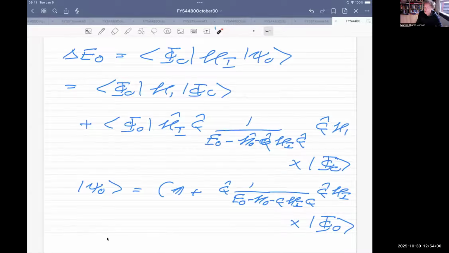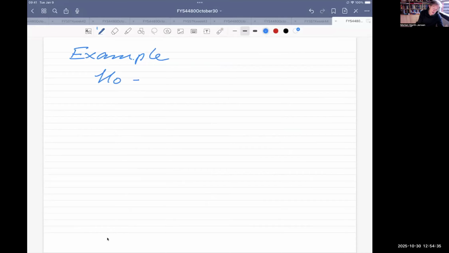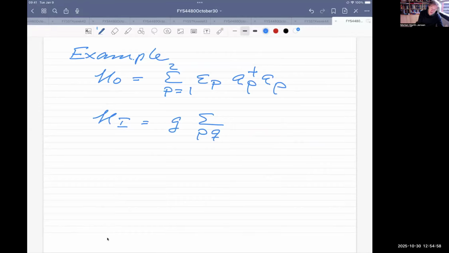So we had a Hamiltonian which contained a non-interacting piece, where we have only two single particle states. Each has an energy epsilon p, with a_p dagger a_p, and then we had an interaction piece, given by just a constant multiplied with the sum over all the possible states, in our case just two states, of a_q.